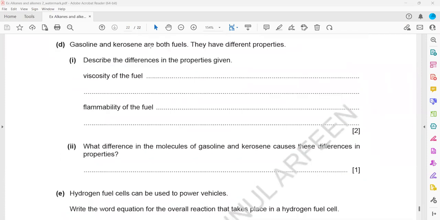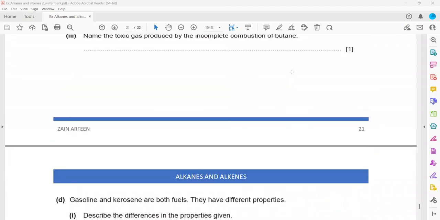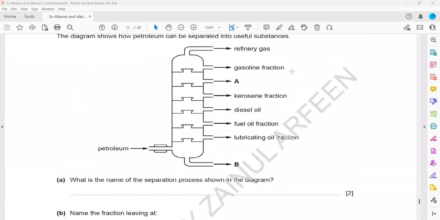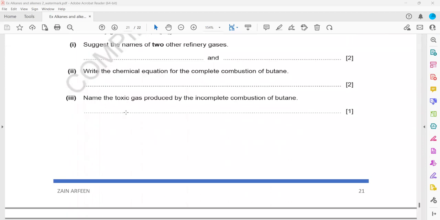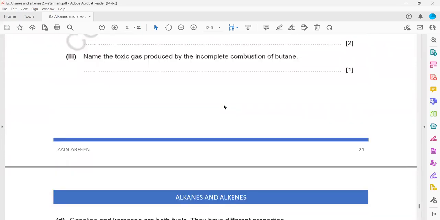Then in part D, gasoline and kerosene are both fuels. They have different properties. Viscosity of a fuel, like here kerosene and gasoline. Kerosene is more viscous because as we go down in this fractionating column, viscosity increases. Gasoline is more flammable than kerosene. So when we talk about viscosity, kerosene is more viscous, and flammability means which can burn easily.